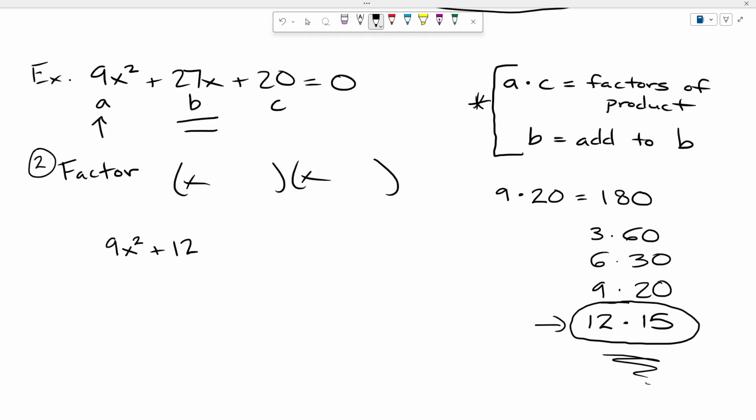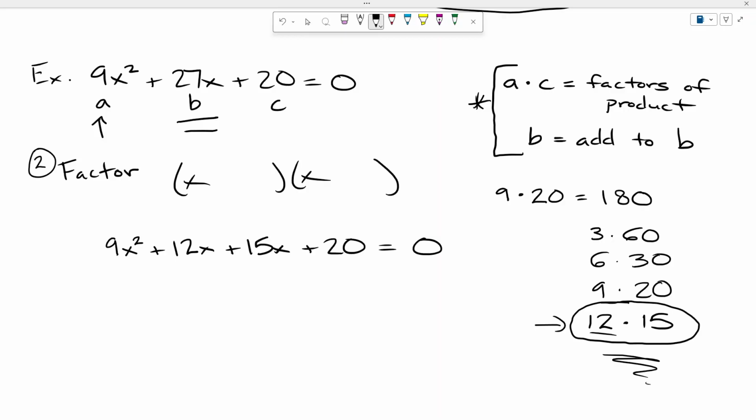So that'll become plus 12x plus 15x, and then plus 20 still, equal to 0. Okay? So this is the start of our factoring step here. We're taking that 27 and splitting it between these factors that we decided upon, 12 and 15. 12x plus 15x gets us 27x.